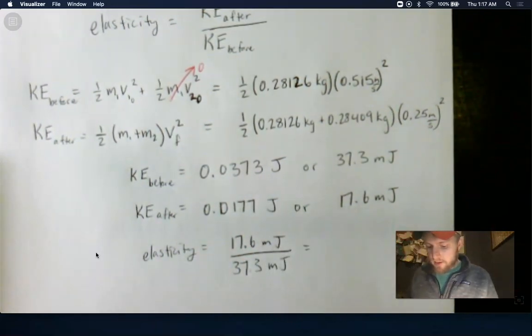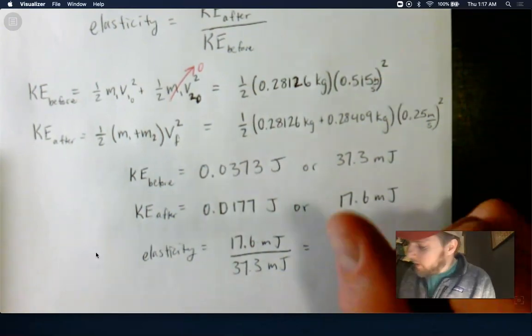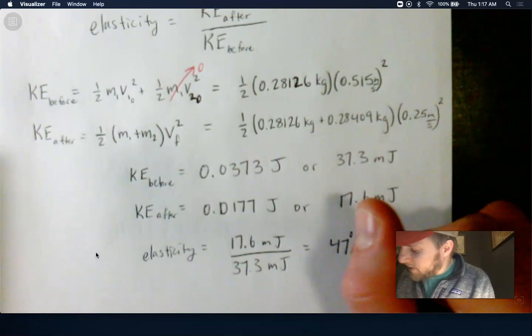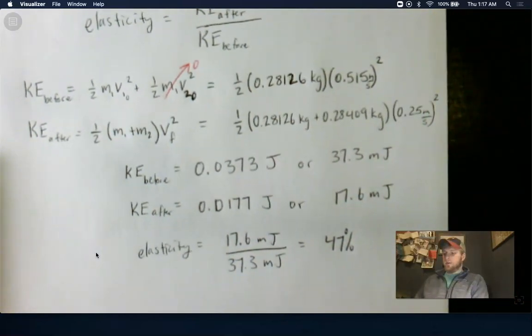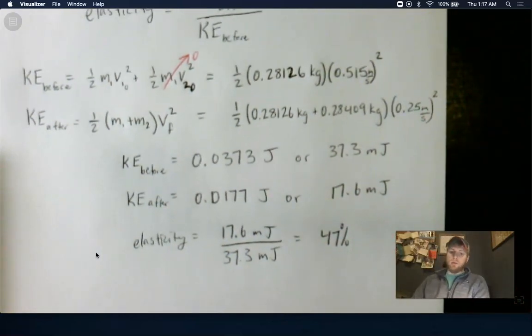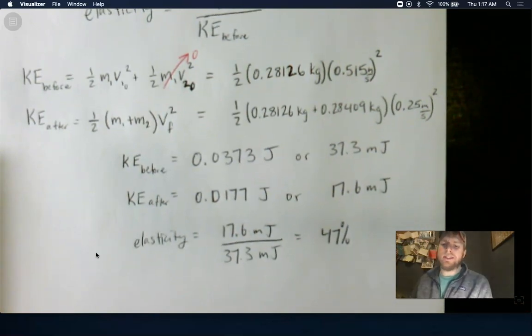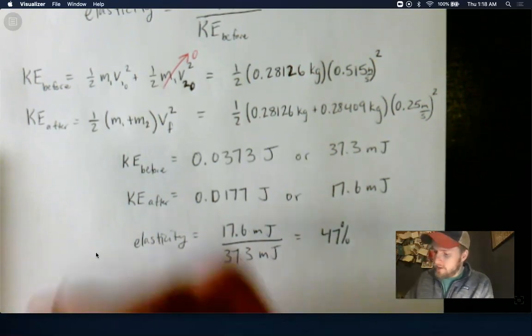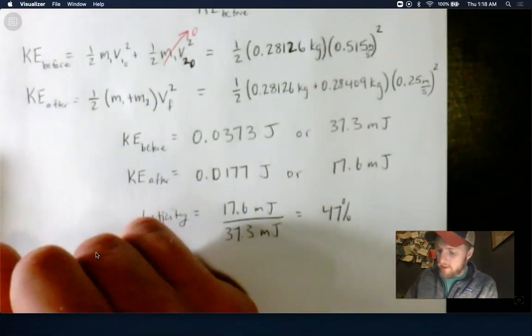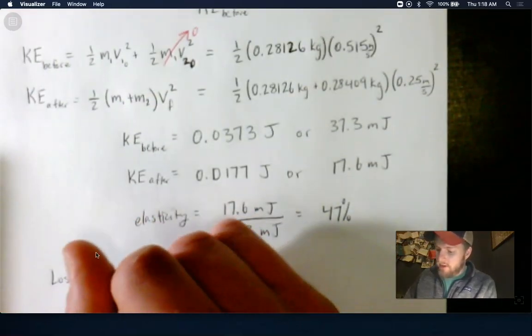And we end up with 17.6 divided by 37.3, which gives us 47% elastic. So we lost just a little bit more than half. So you could also say that this is a 53% inelastic collision. But the important thing to note is, and then we'll summarize it here, we lost 53% of the original kinetic energy.